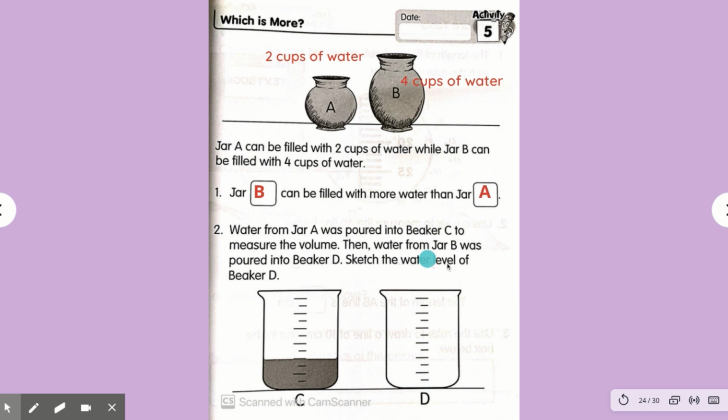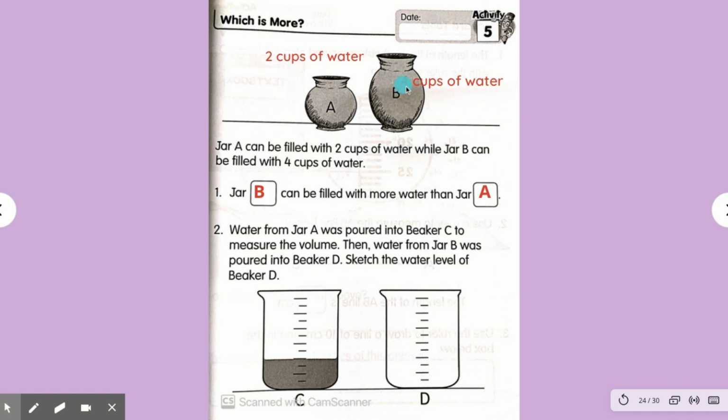Then, water from jar B was poured into beaker D. Sketch the water level of beaker D. This is beaker C and this is beaker D. This is the water level for beaker C and you need to sketch the water level of beaker D. Remember that in jar A, we have 2 cups of water, so the water level becomes like this.